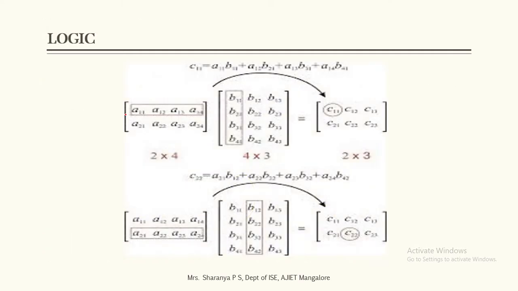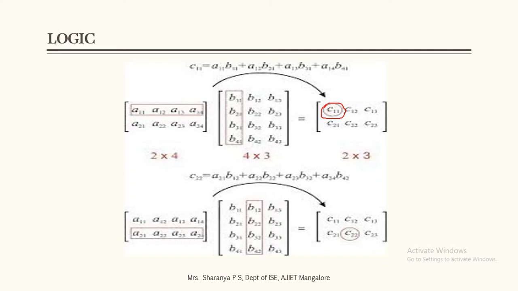If we look into one simple logic, say for example, this is the resultant matrix. We want to find the result in this particular index, that is C11, that is first row and first column. Here the row indexes we have referred to as starting from 1. Normally we mention from 0, but it is not wrong if we mention from 1 onwards as well. So how are we performing this?